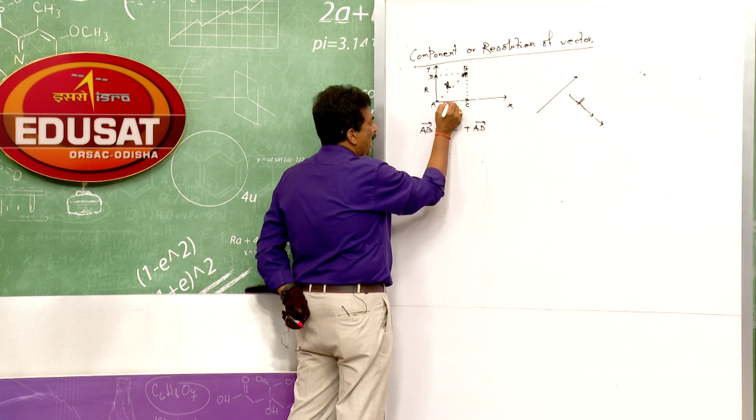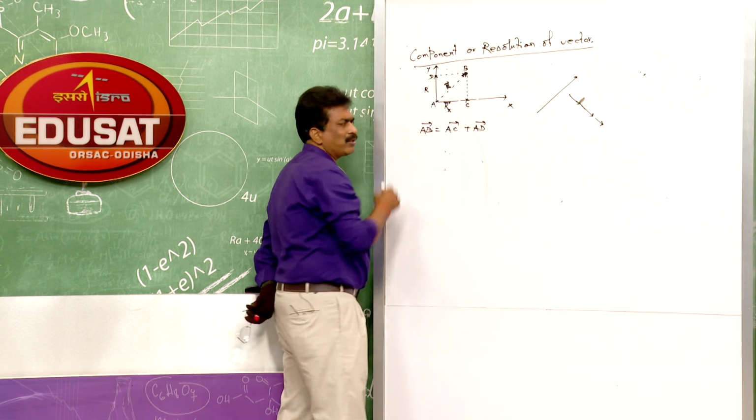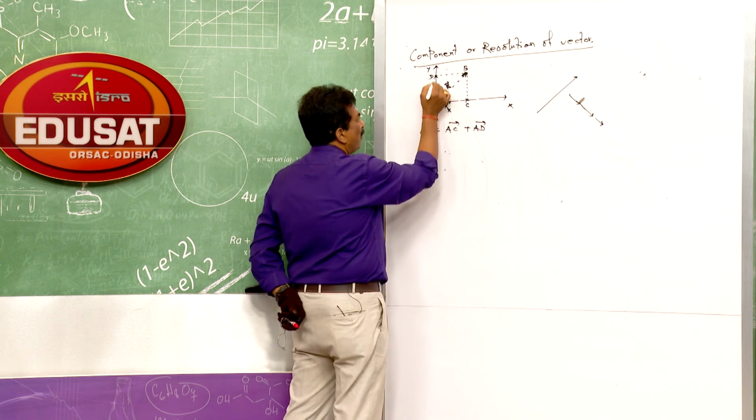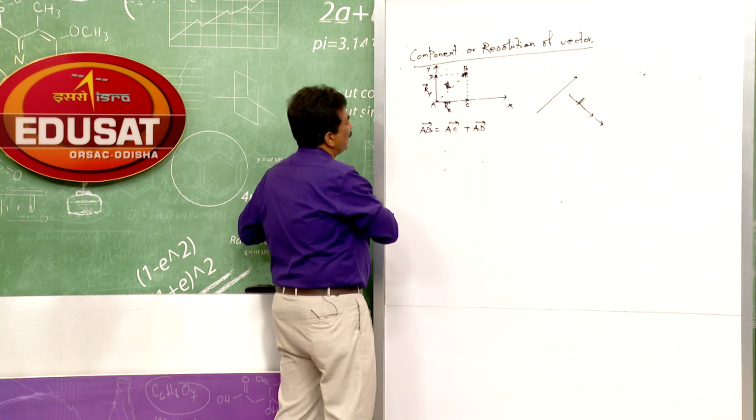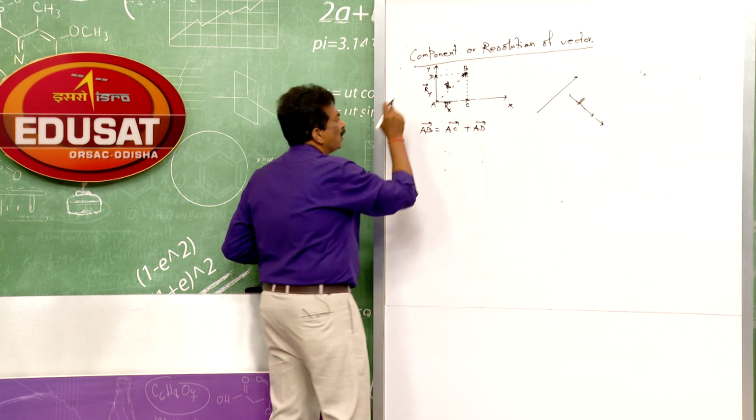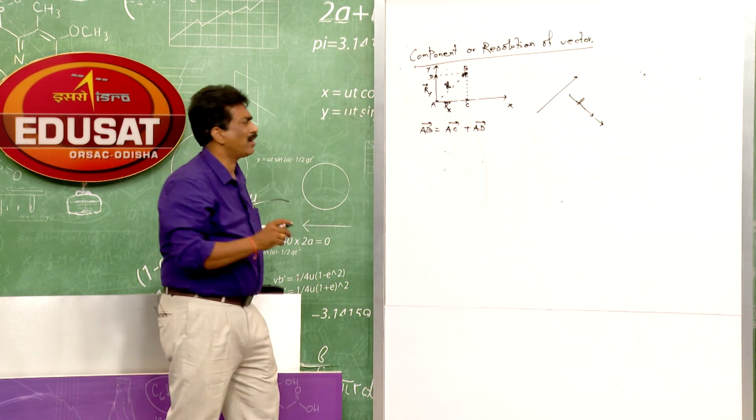If this is the R vector, this component will be Rx, and for this one, the component will be Ry. So along the x axis that is Rx, along the y axis that is Ry.